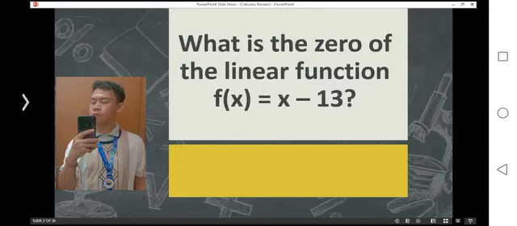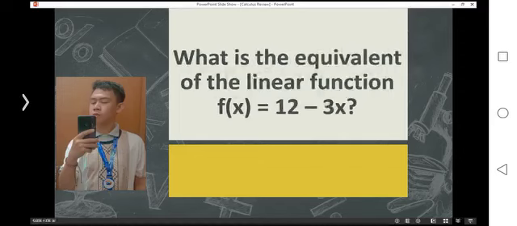To find the zero, or the value of x, since x has negative 13 accompanying it, we will transpose or isolate x. So in this case, transpose negative 13 and it becomes positive 13. So the answer is x is equal to 13. That is the zero.